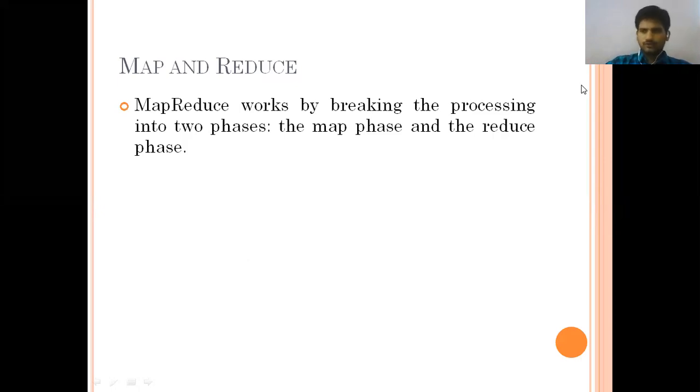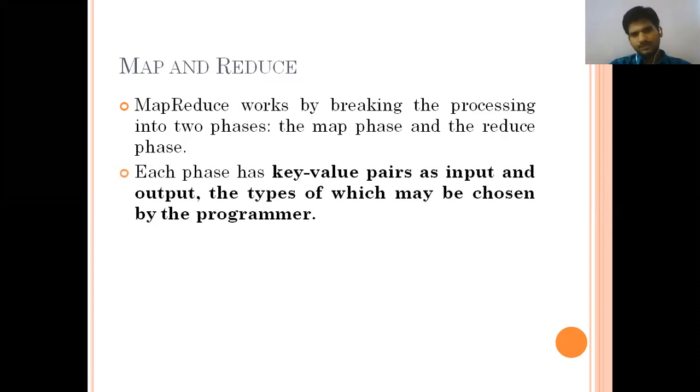Okay. Once again, I will show you this clearly. See this. Each phase has key-value pairs as input and output. The types of these may be chosen by the programmer. A query is nothing but giving an option to the data set. So what type of key values are we going to set?